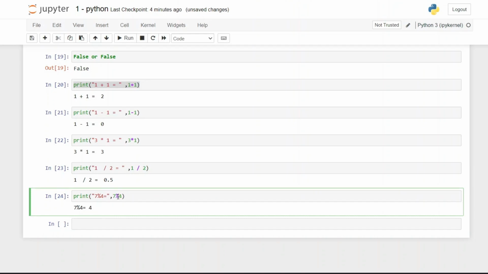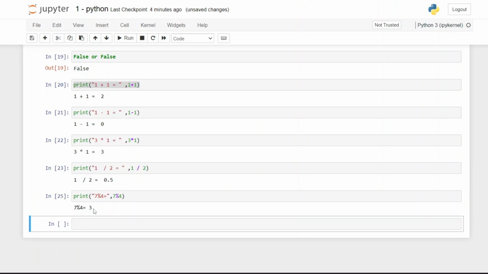We are passing modulo here. So it gives you 3, because 7 is divided by 4 and the remainder is 3. The remainder only. If you are checking 5 modulo 4, it gives you 1 because the remainder is 1. So you can see here the answer is 1.